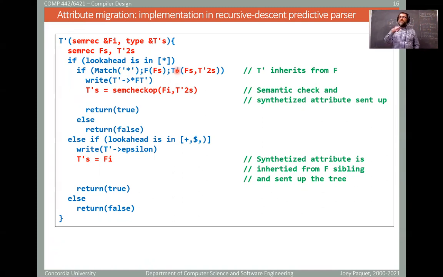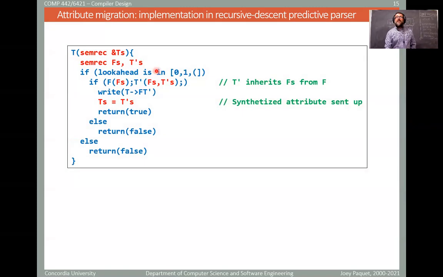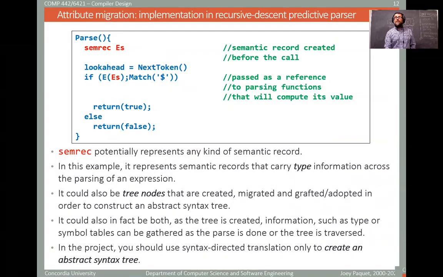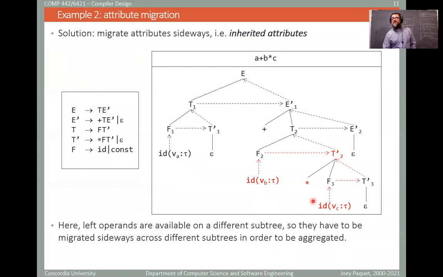Much like what I explained using E prime. So this FS here is actually processed. So that's the times example.